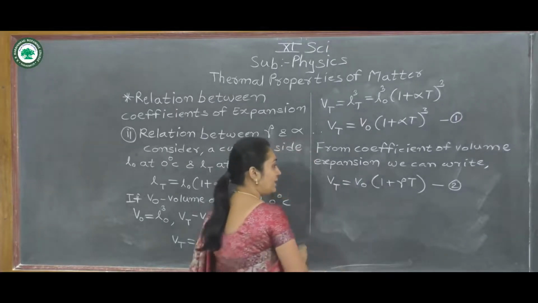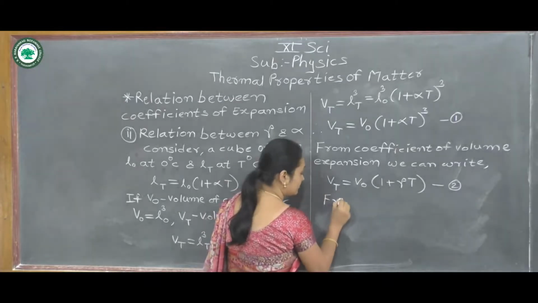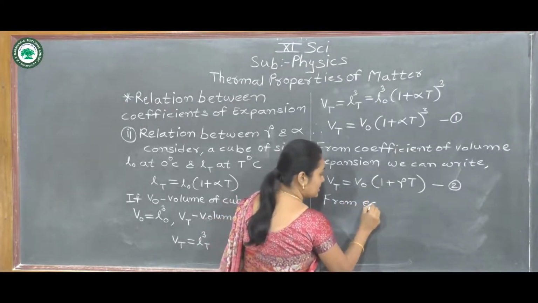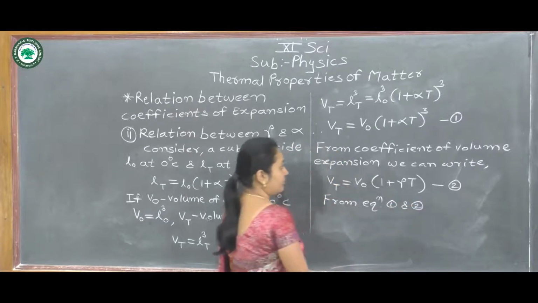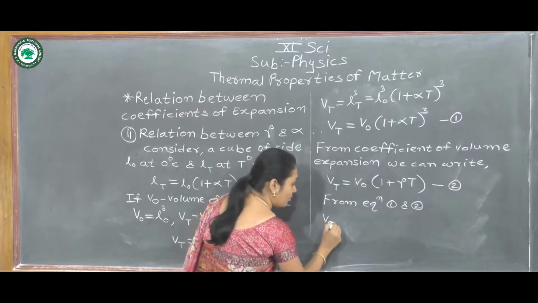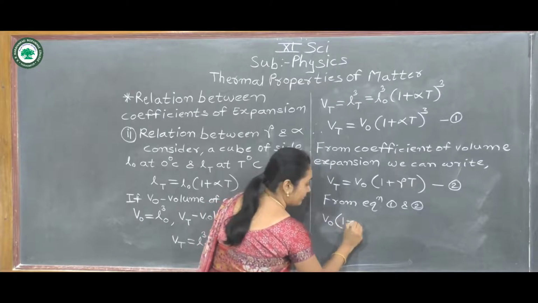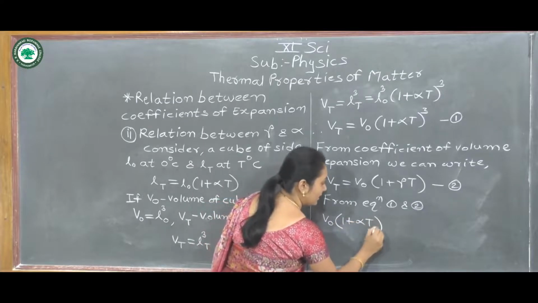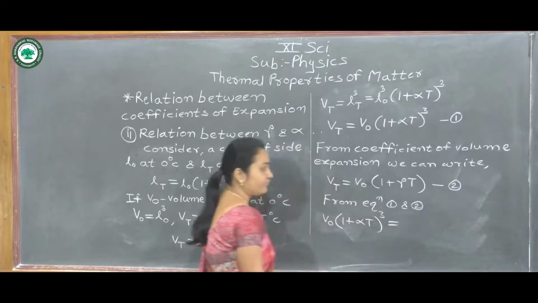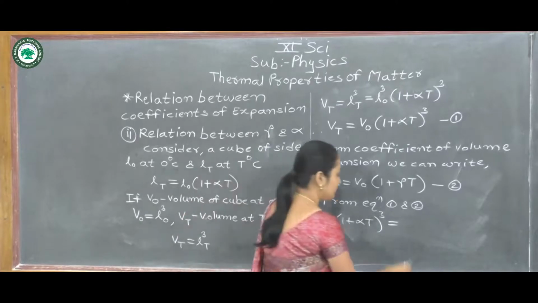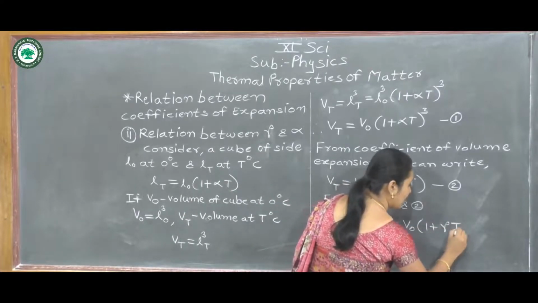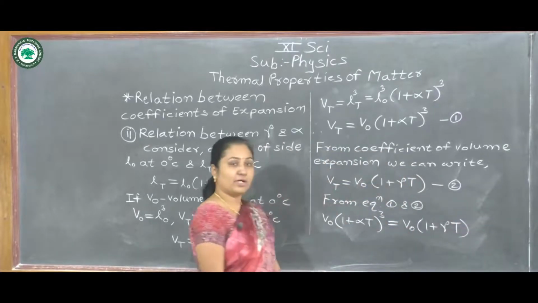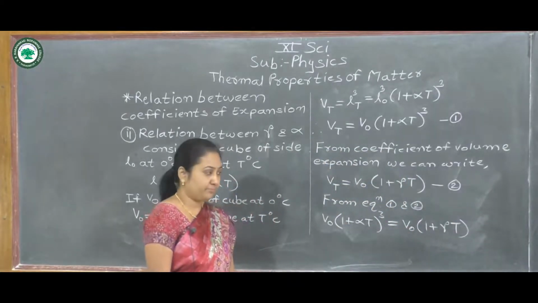So we can write from equations 1 and 2, V0 in bracket 1 plus alpha t bracket cube is equal to V0 in bracket 1 plus gamma t.